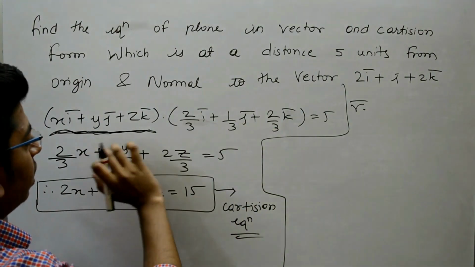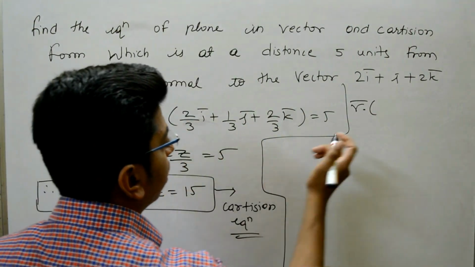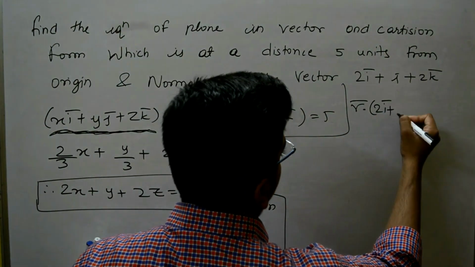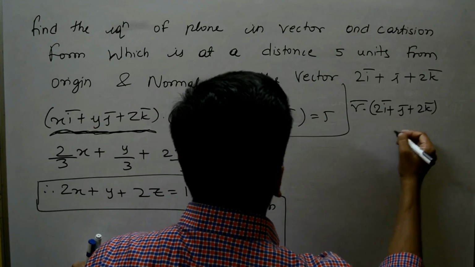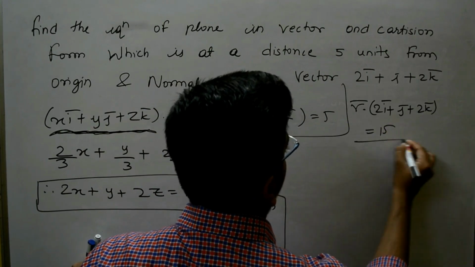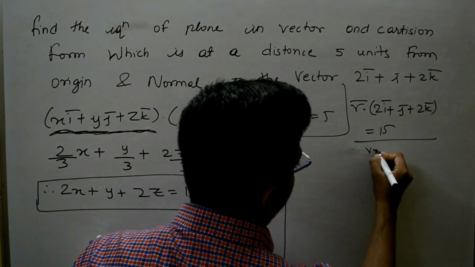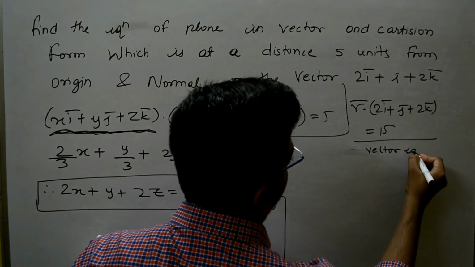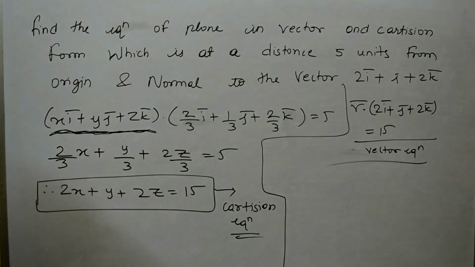So it will look like this: r into 2i bar plus j bar plus 2k bar is equal to 15. This is our vector equation.